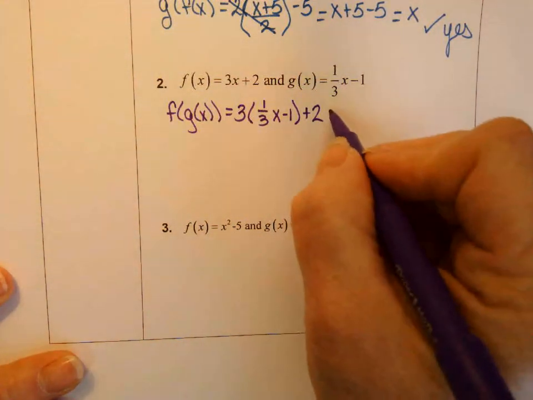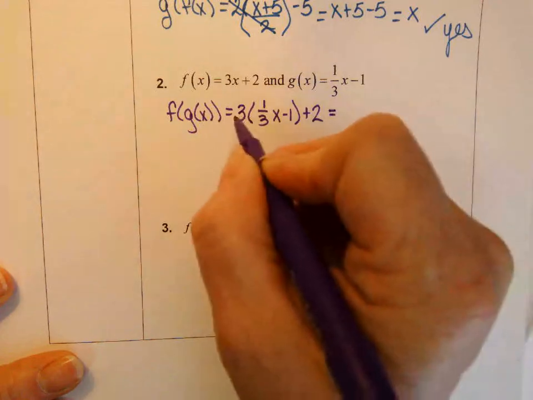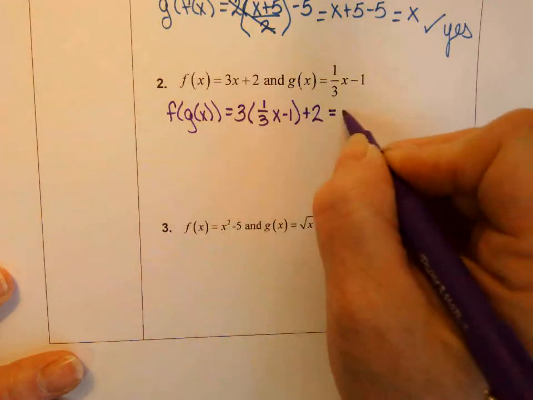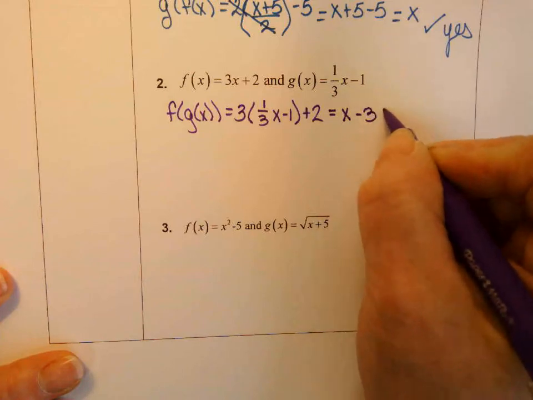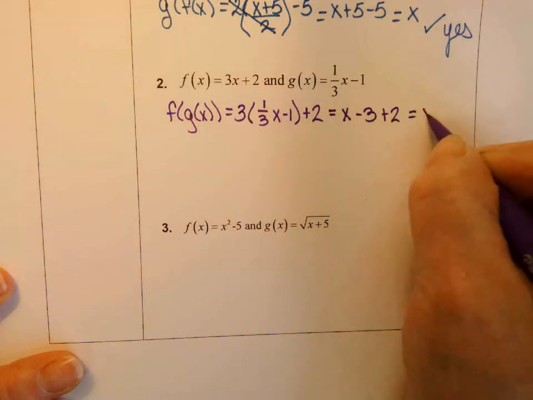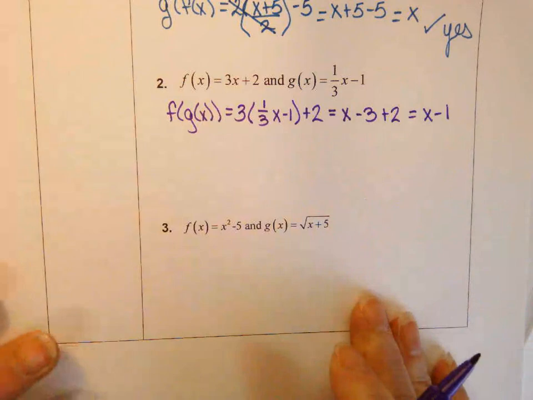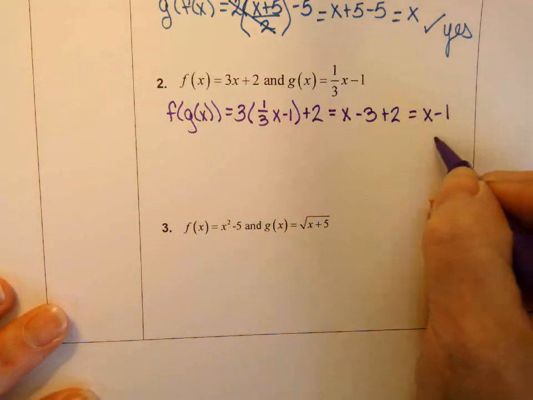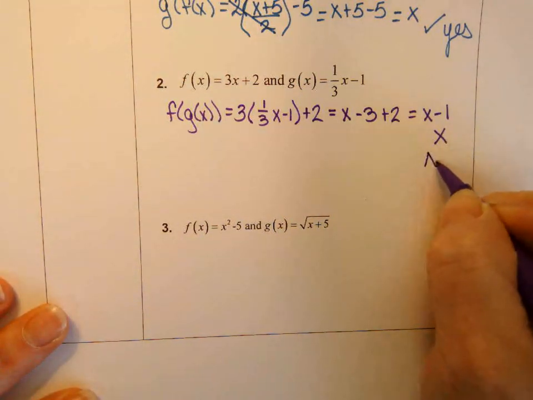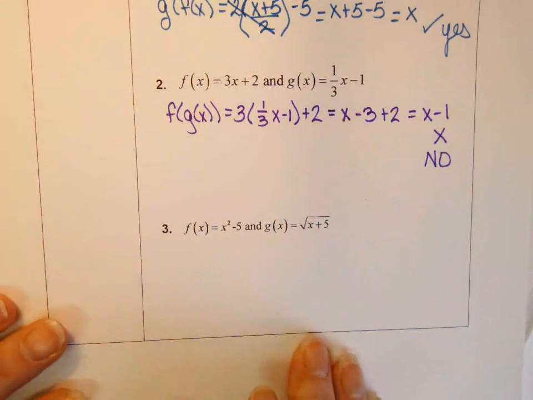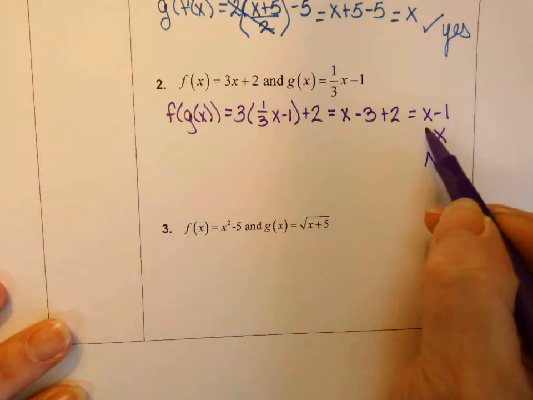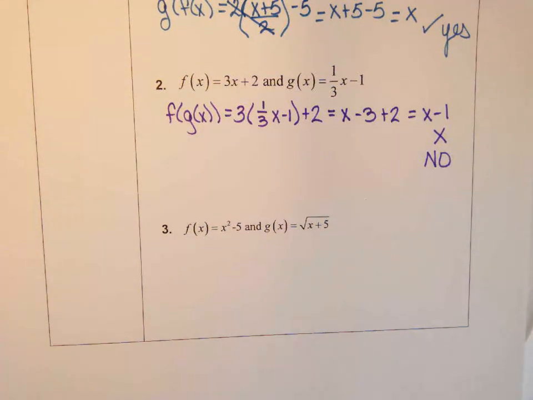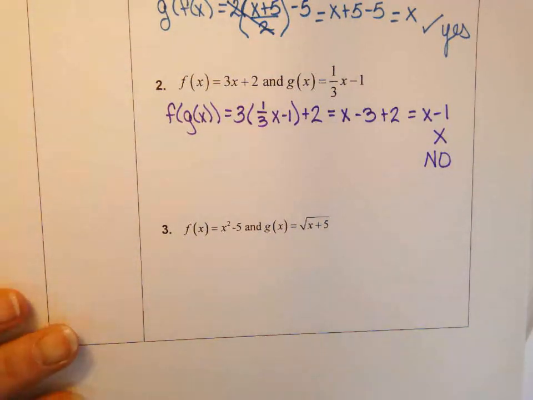All right, I need to distribute. 3 times 1/3 equals 1x. 3 times negative 1 is negative 3, plus 2. This simplifies to x minus 1. No. Right? Doesn't work. It has to simplify to just plain x. So I can quit. All right, let's look at the next one.